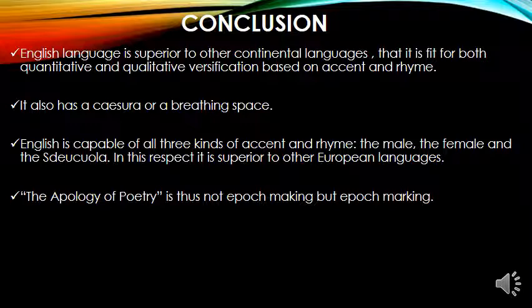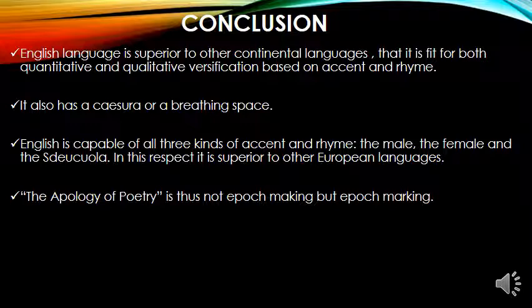So according to Sidney, the English language is much superior to the other continental languages because they had French and German and many other languages, Italian. So when compared to all of them, according to Sidney, the English language was superior. And the language also had a caesura, or a breathing space.